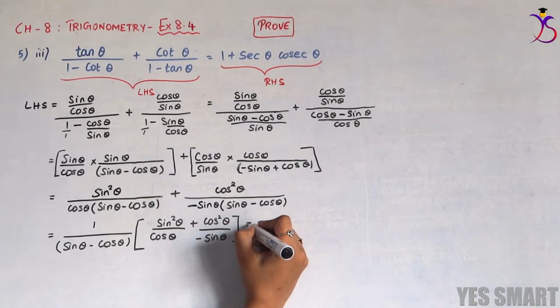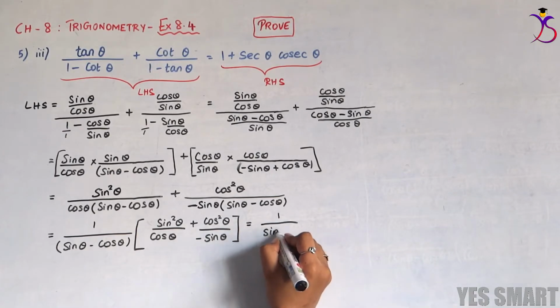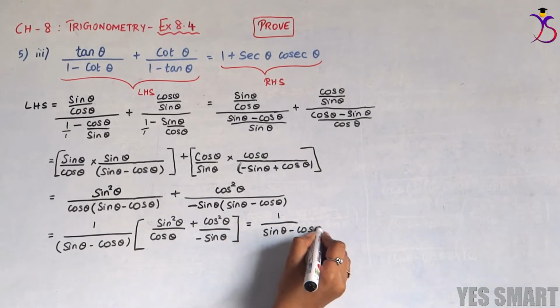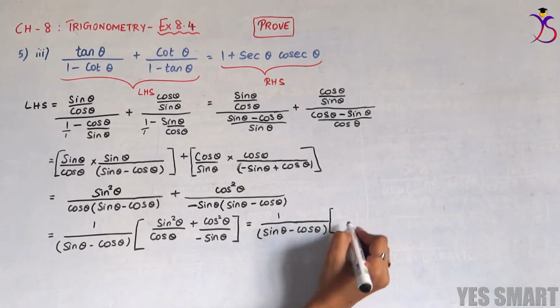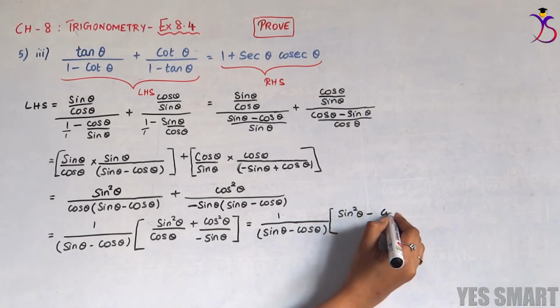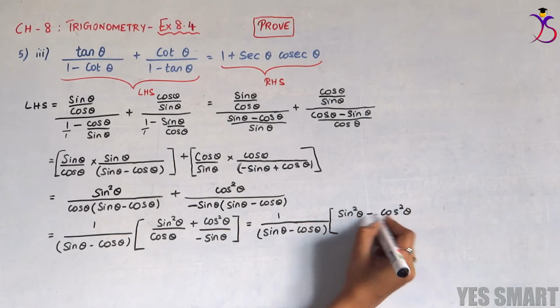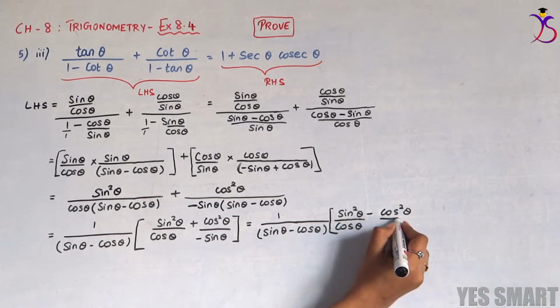So it becomes 1 by sin theta minus cos theta into sin square theta minus cos square theta by cos theta here and by sin theta for this term. Now I am going to take the LCM and solve further.